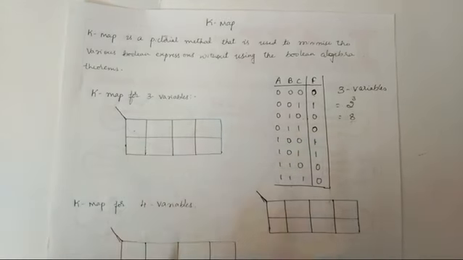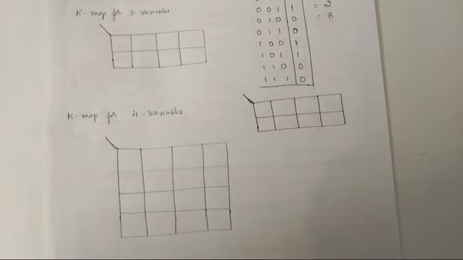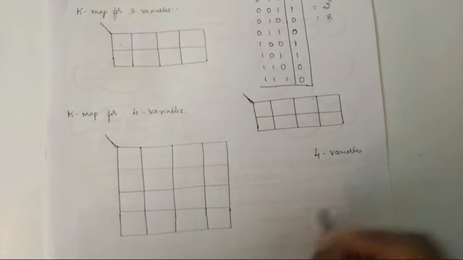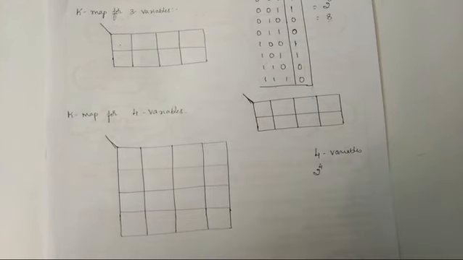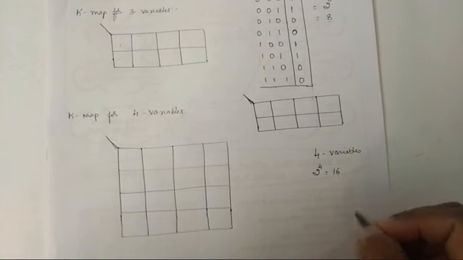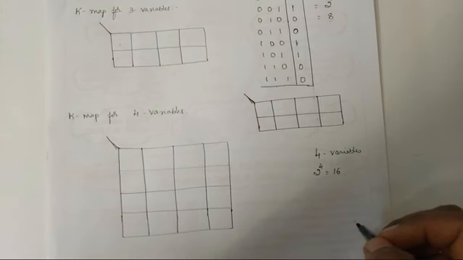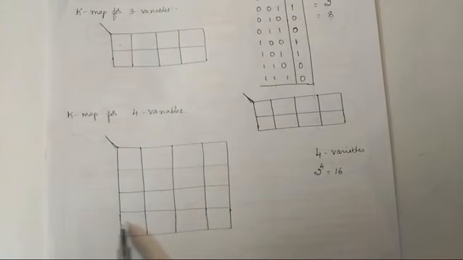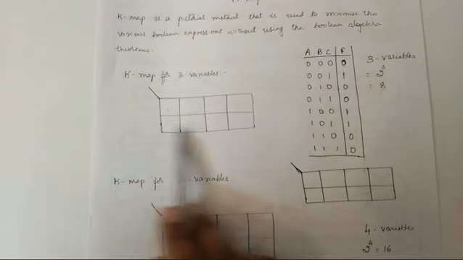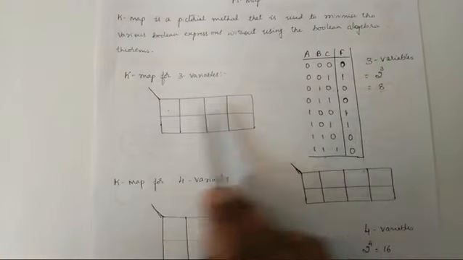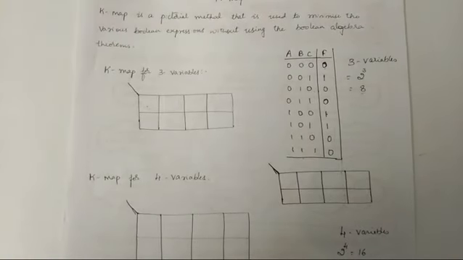If we come to the 4 variable K-map, the possible entries in the truth table is equal to 2 power 4, which is 16. So how many boxes do I need in a K-map to represent all those? 16 boxes. See here, 4, 4, 4, 4 — 4 fours are 16. Here, sorry, 3 variables are there, so totally 8 boxes I need. Understood?